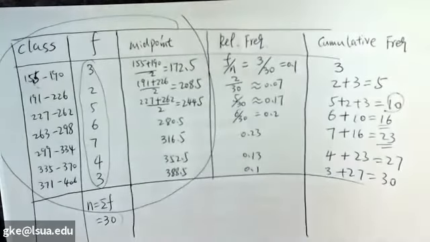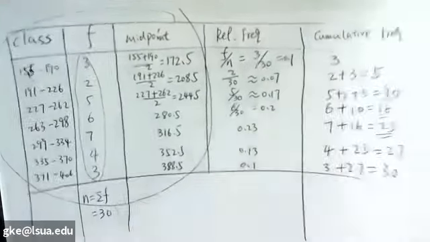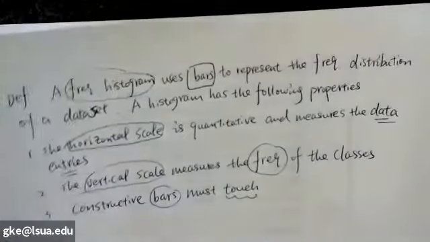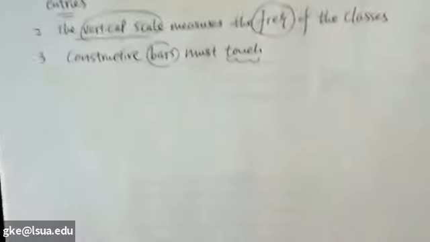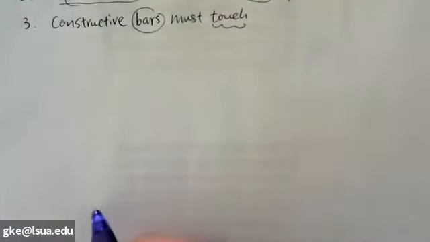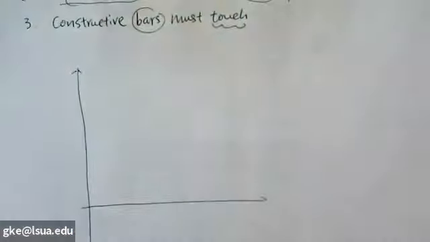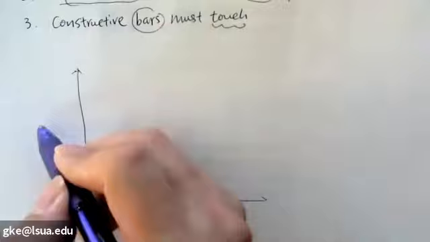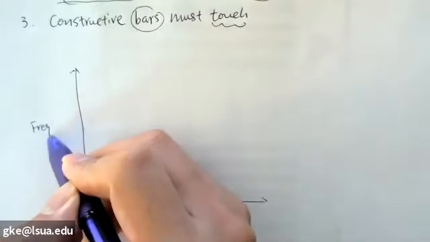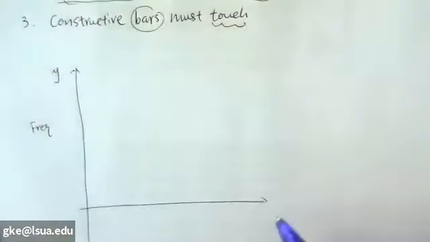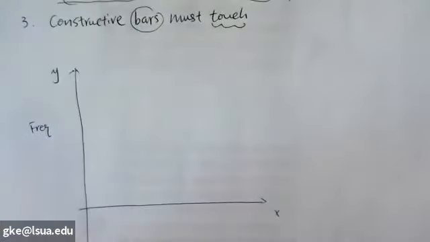Now, let me show you how to construct it. For the histogram, we have X scale and the Y scale. Here we use frequency for the Y, and for the X, that is expense.